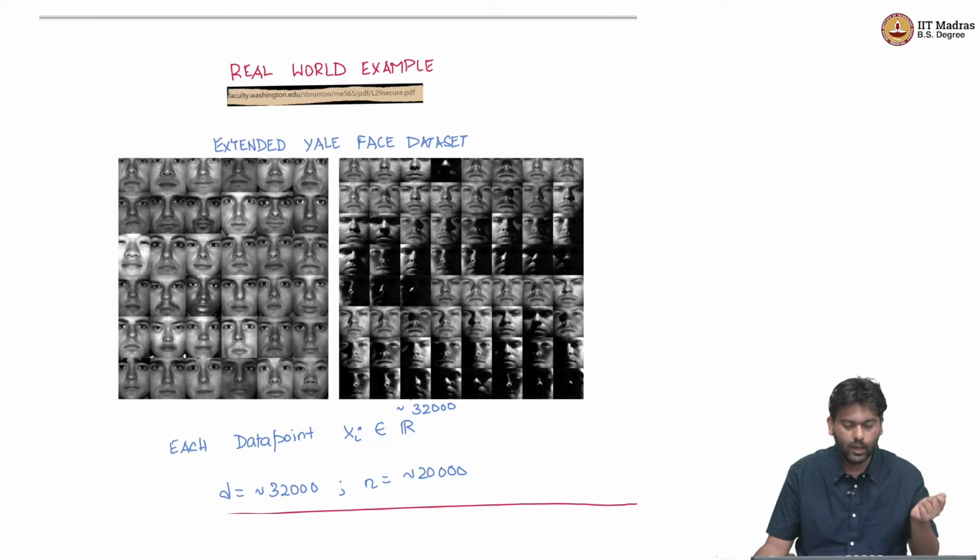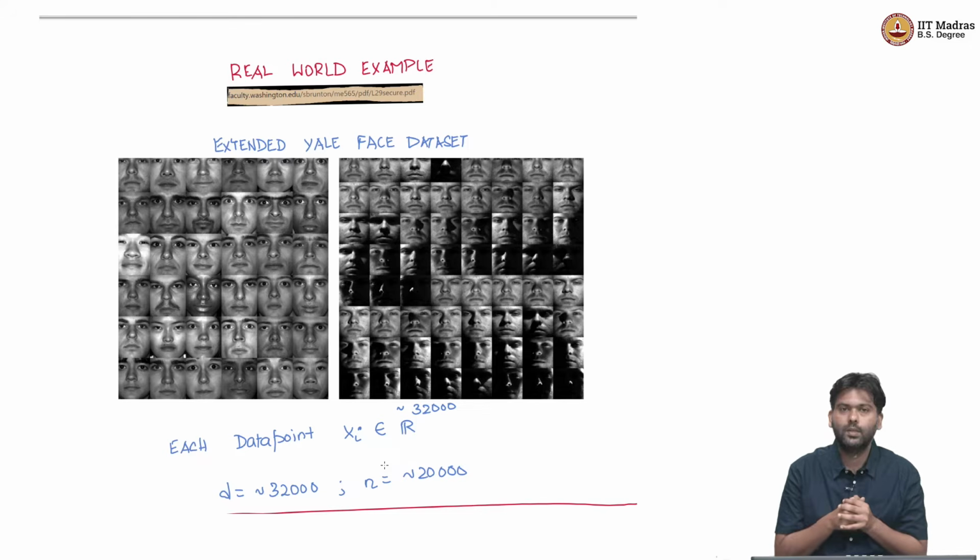Now, if you want a compressed representation of this dataset, can we use PCA to do this? Basically, you treat this as a dataset containing 20,000 points, 20,000 faces, and each point is a vector in 32,000-dimensional space.